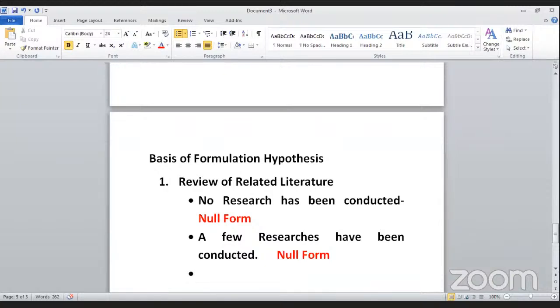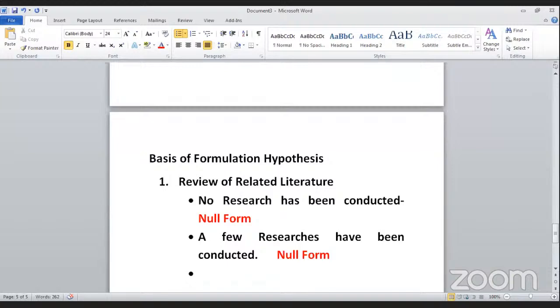Number 1, there may be a consistency in findings. I repeat, if a large number of researches have been conducted, and if there is consistency in the findings, then there is no need of conducting the same type of research again.